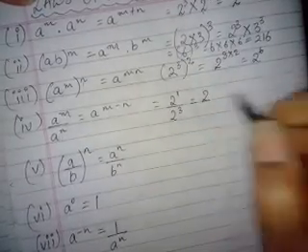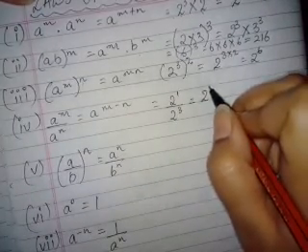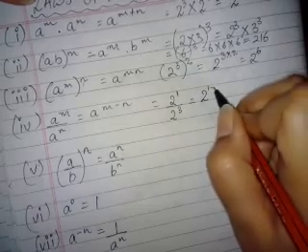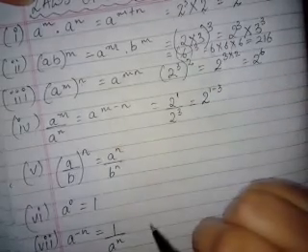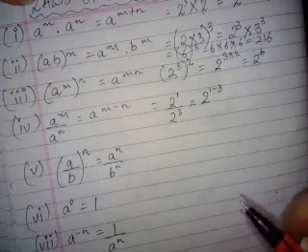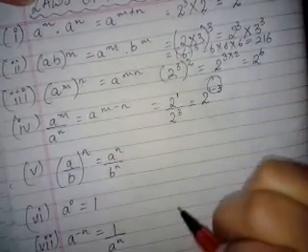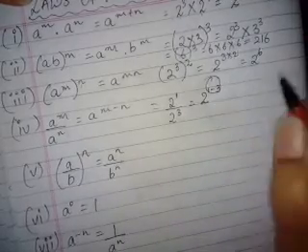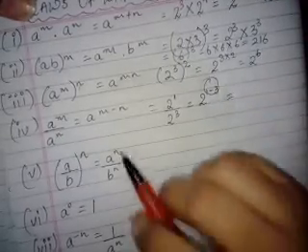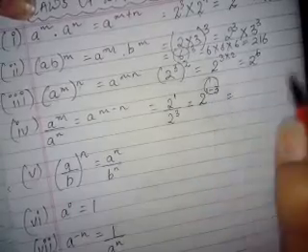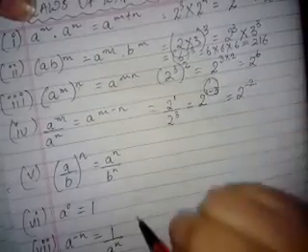Your base is the same, so 2 to the power 1 minus 3, which seems not possible. You cannot subtract this from this, or if you do, you will get a negative answer. 1 minus 3 will give you 2 to the power minus 2.